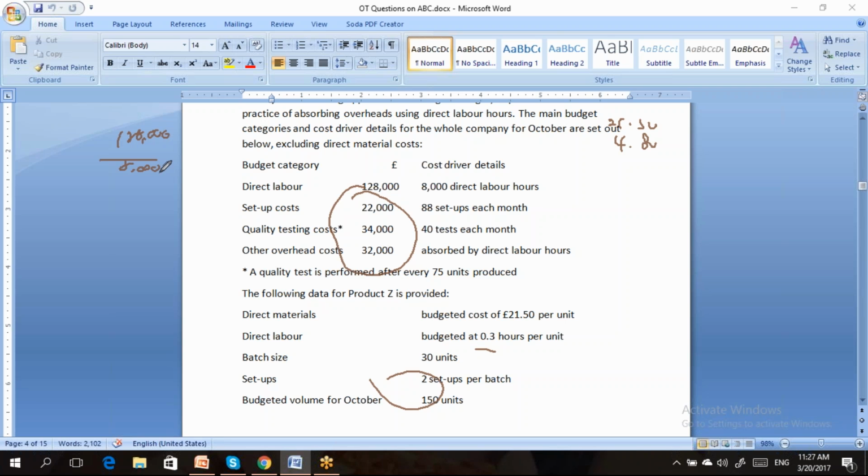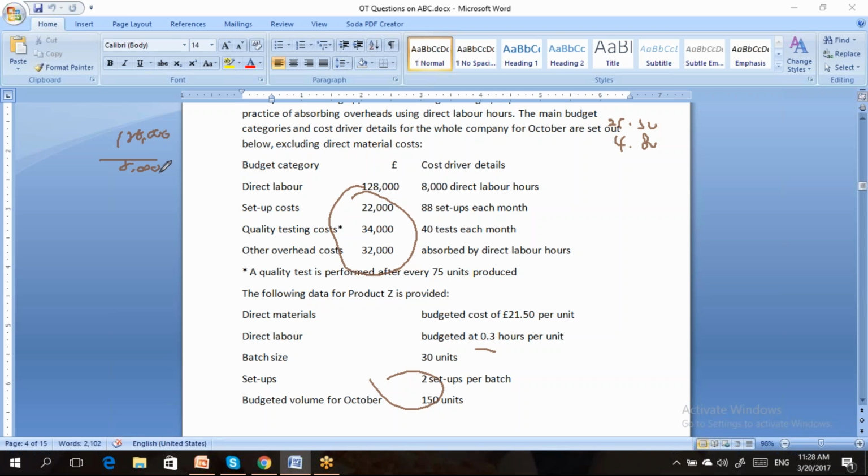Generally, if there is no activity base, everything will be overhead. But under activity based costing, they split it into activities. So there are two main activities. The third one, which they cannot really identify as an activity, they have put as other overheads. But all are overheads. So you should have taken the 128,000 divided by 8,000, 16.